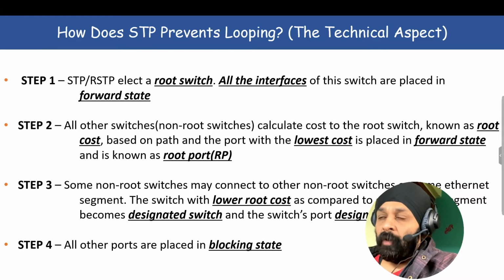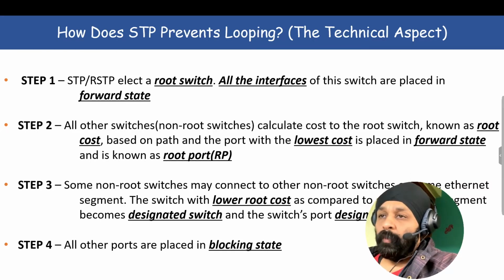Step 2 is all the other non-root switches will calculate their cost to the root switch from all of their ports. And the port which will have the lowest cost is going to be named as the root port. And that port is going to be placed in the forward state.